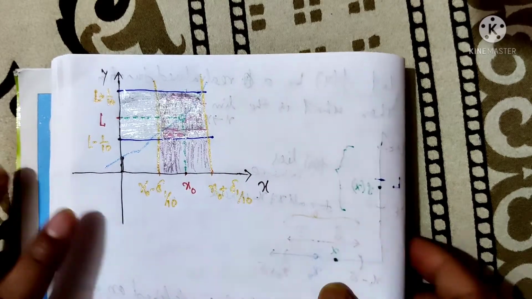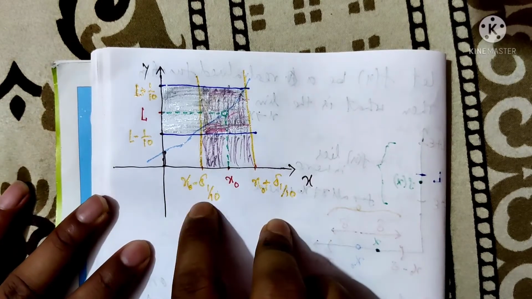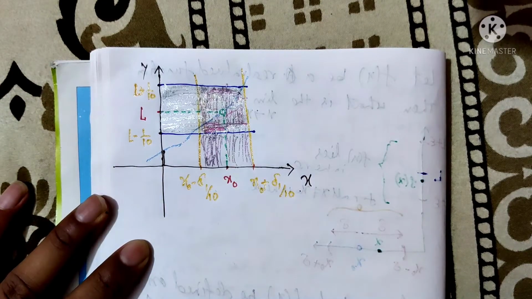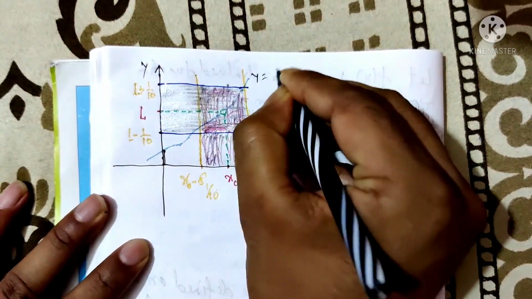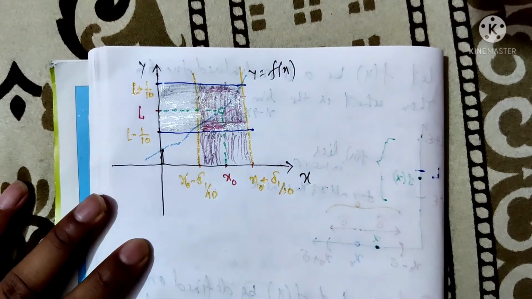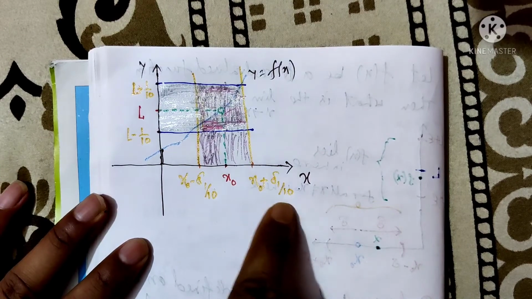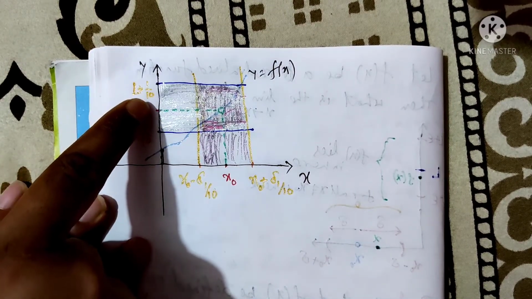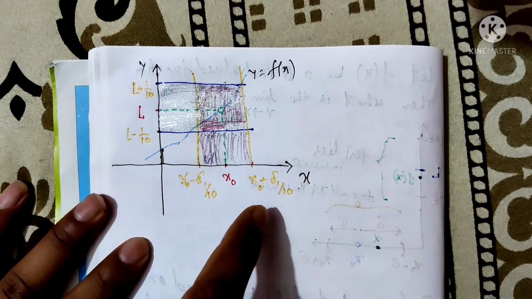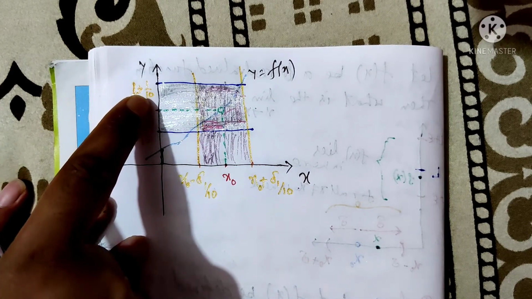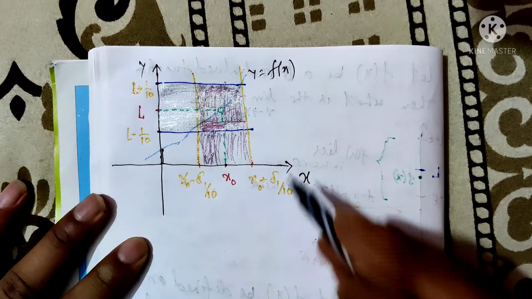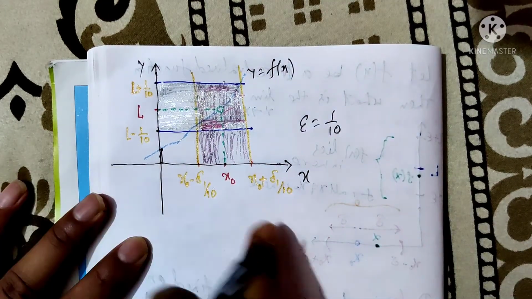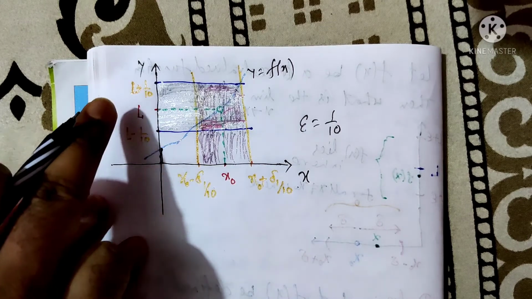So our challenge is this: if f(x) is a function, y equals f(x), then our challenge is to find a delta which depends on epsilon. Here epsilon equals 1 by 10, so delta depends on 1 by 10. Delta depends on epsilon.